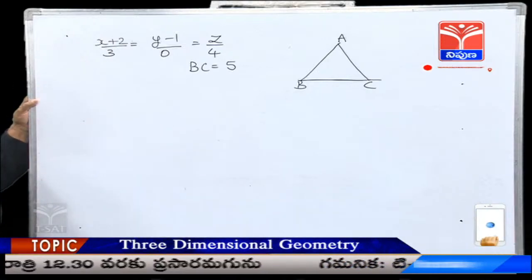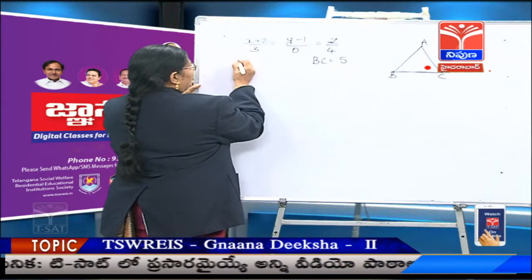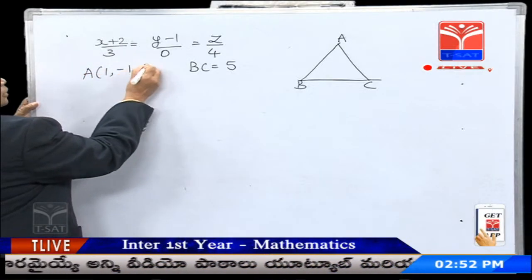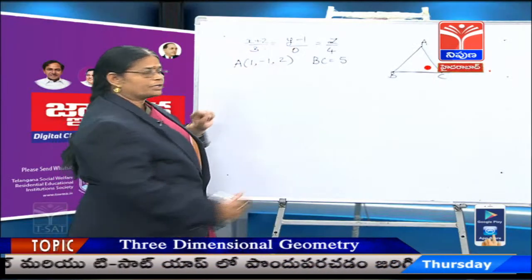Then you have to find the area of the triangle, given that point A is (1, minus 1, 2). So, again we can write any point on this line.